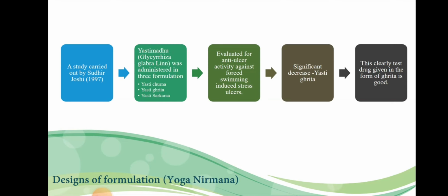So this is the importance of the design of formulation. Yashti Churna, Yashti Grita and Yashti Sharkara were all administered, and among them Yashti Grita had the significant effect on stress ulcer.